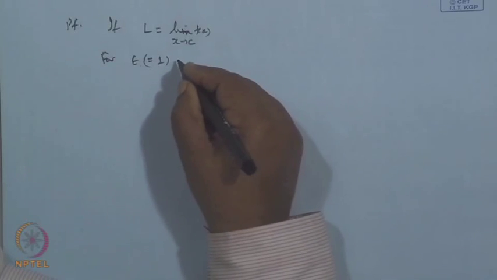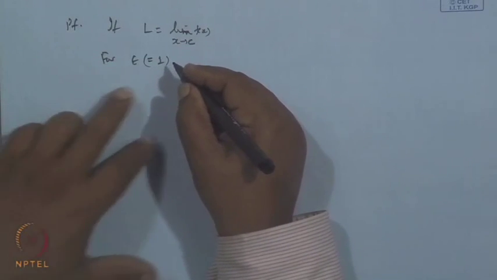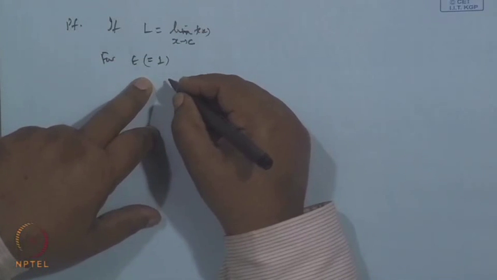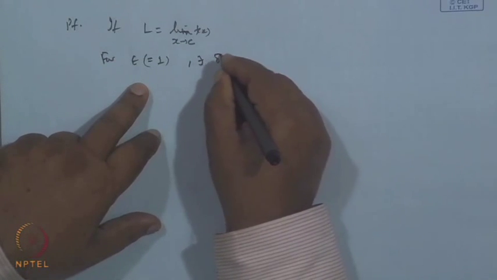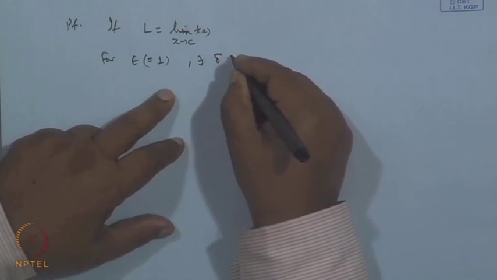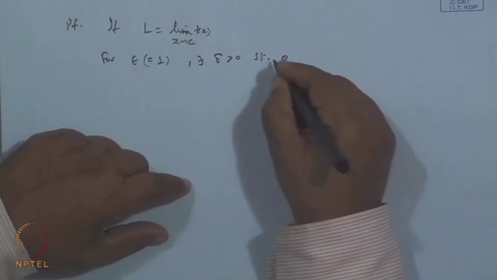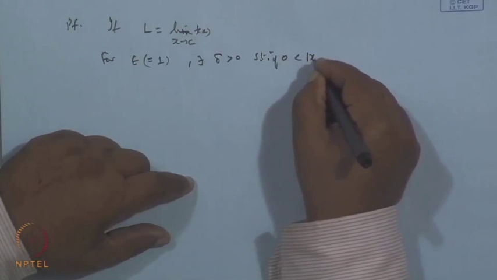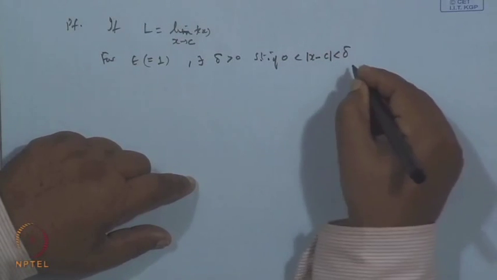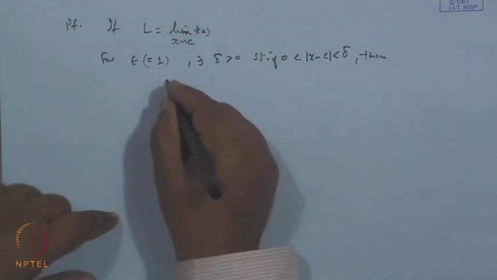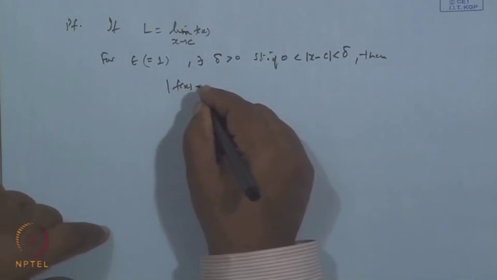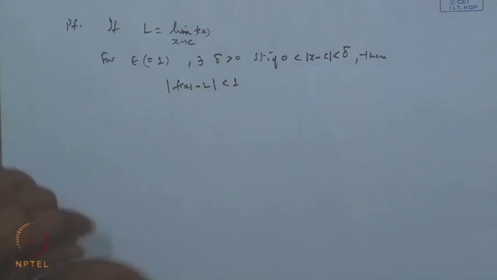Since epsilon is greater than 0, there exists a positive delta, depending on epsilon, such that if 0 is less than mod x minus c less than delta, then mod of f x minus L is less than 1.